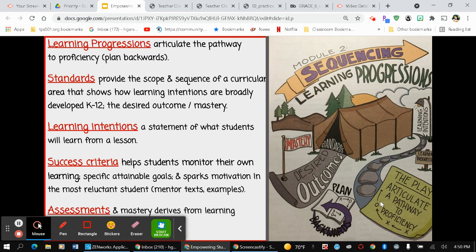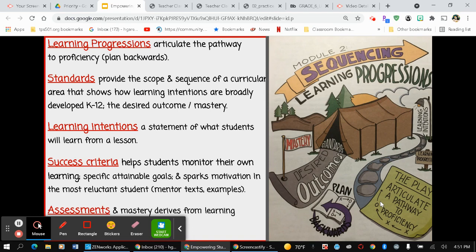And so to do this, it requires us to plan backwards. We need to start with the end in mind. What is the goal? How are we going to assess what we want students to learn? And from there, we can then figure out what skills students need in order to achieve that.